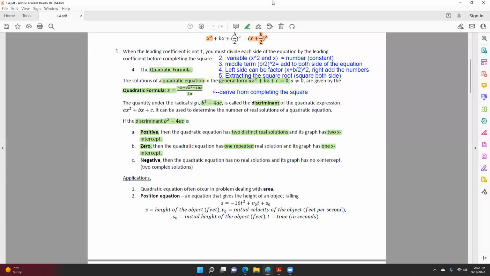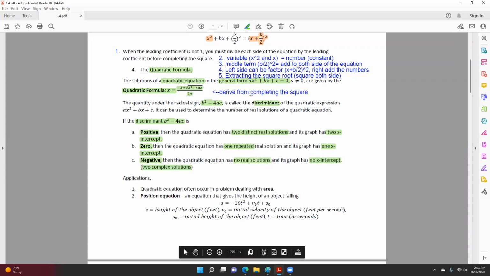Okay. And the last thing is, what happens if your discriminant is a negative number? Then you have no real solution. The graph will not cross the x-axis. That means there's no x-intercept. And you get 2 complex solutions.